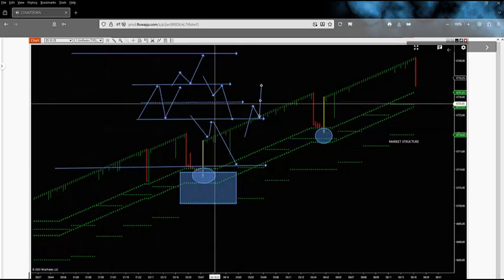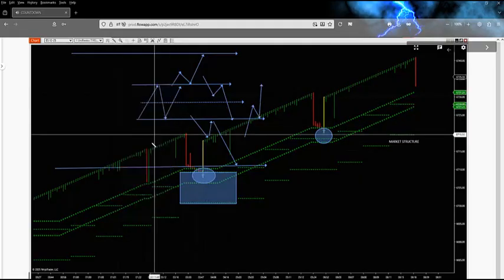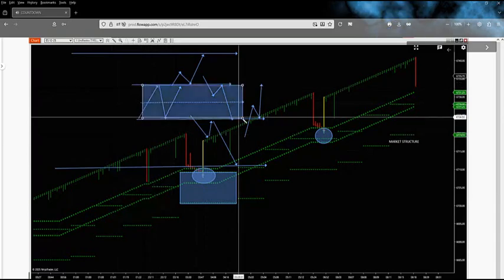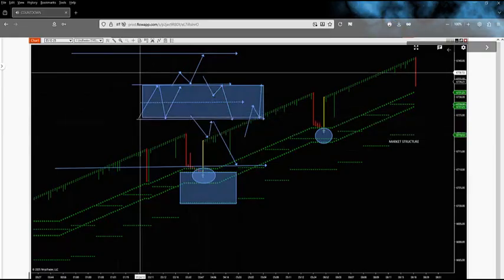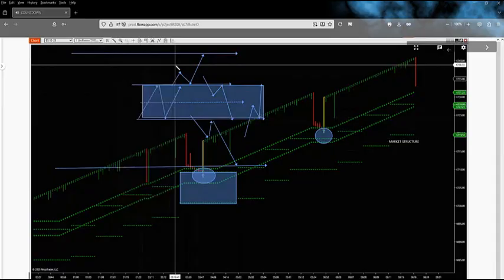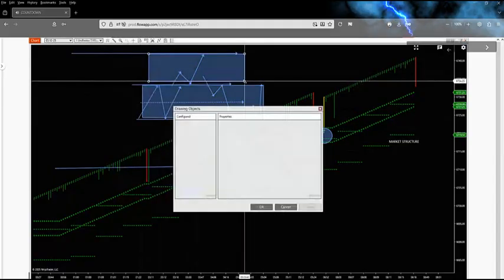You're either going to be balanced, where the market is balanced, it's found fair value on the bell curve, or it's going to be imbalanced and it's trying to find the next fair value area, which will be the previous market participation, which is our previous market profile.